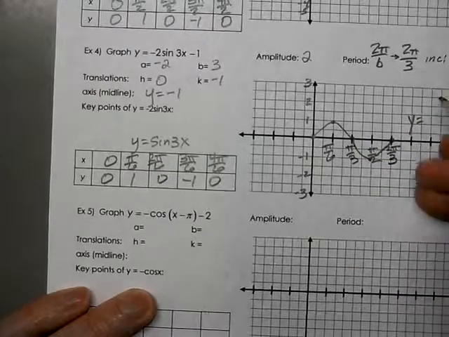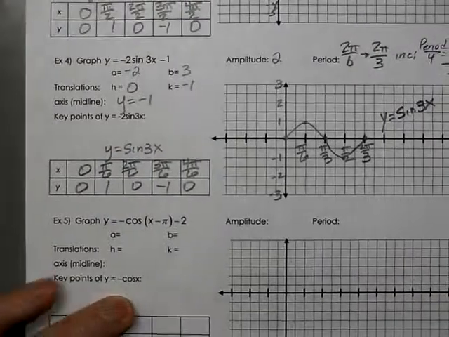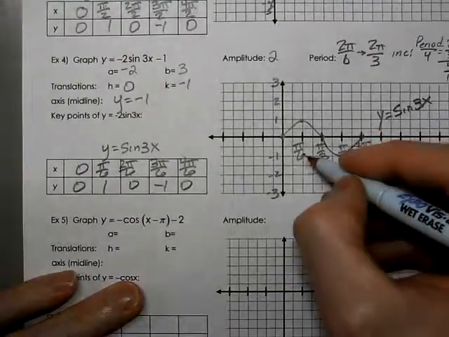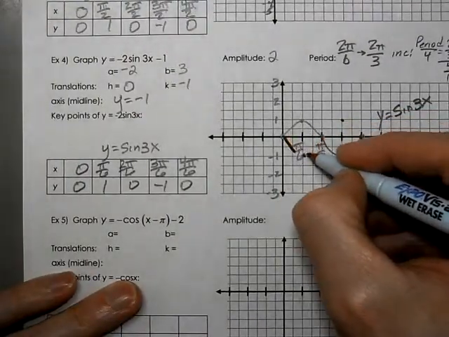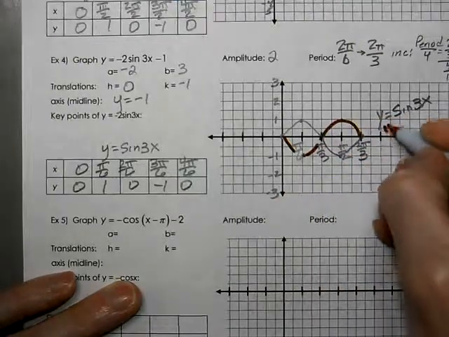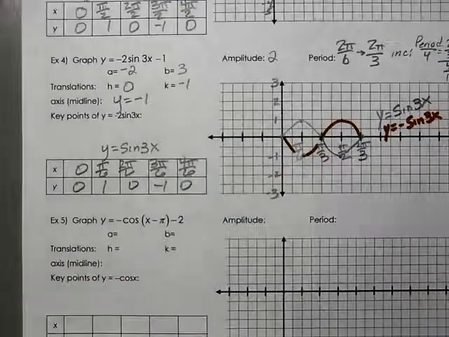So y equals sine of 3x. We have a negative, so it gets reflected. Y equals negative sine of 3x.